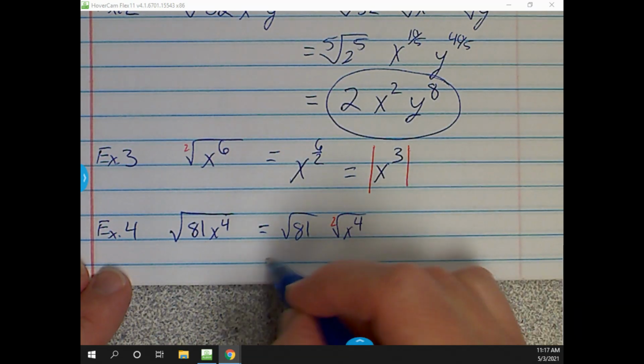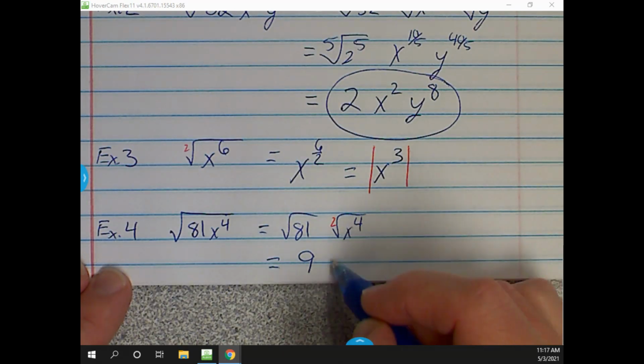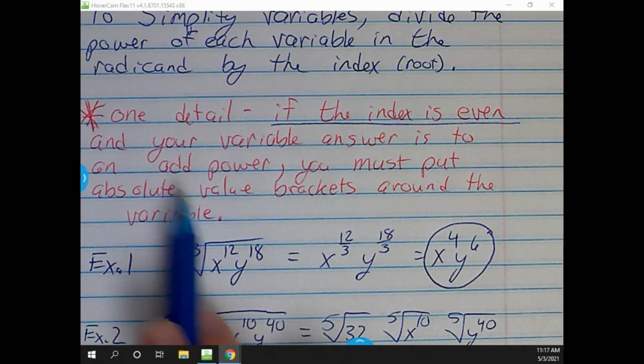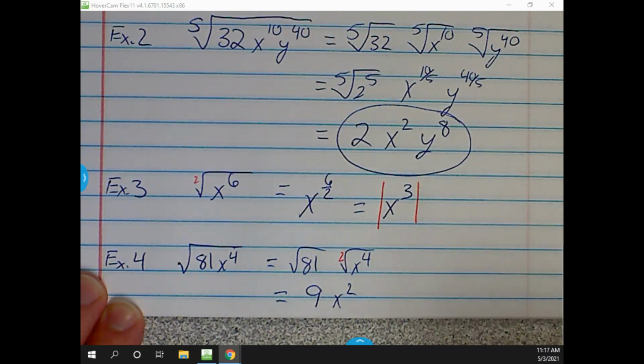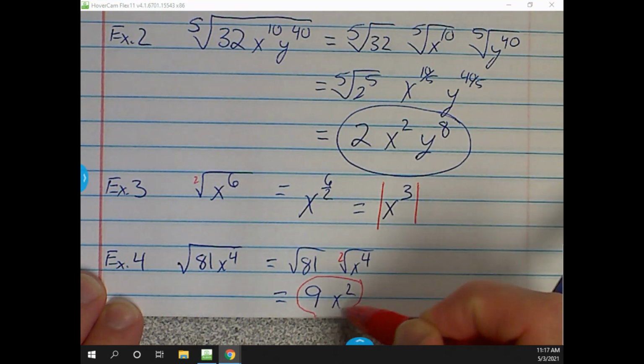The square root of 81 is 9. If we do x to the fourth divided by 2, that's going to make it x squared. Okay, and we said that the answer has to have an odd power. In this case, it's an even power. So if it's an even power in the answer, we don't have to put the absolute value. We can leave it just like it is.